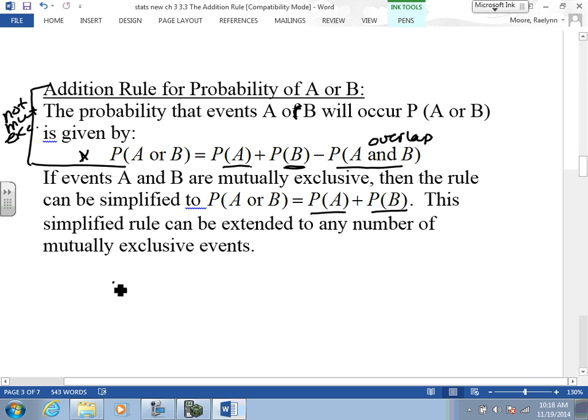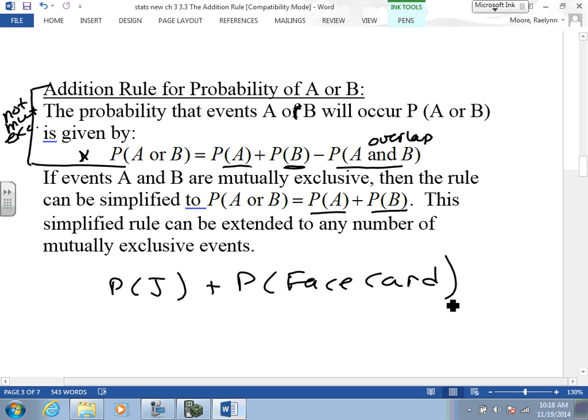The probability of a jack plus the probability of a face card. Now watch. Is this mutually exclusive? No, because jacks occur here, jacks occur here. So, how many jacks do we get?